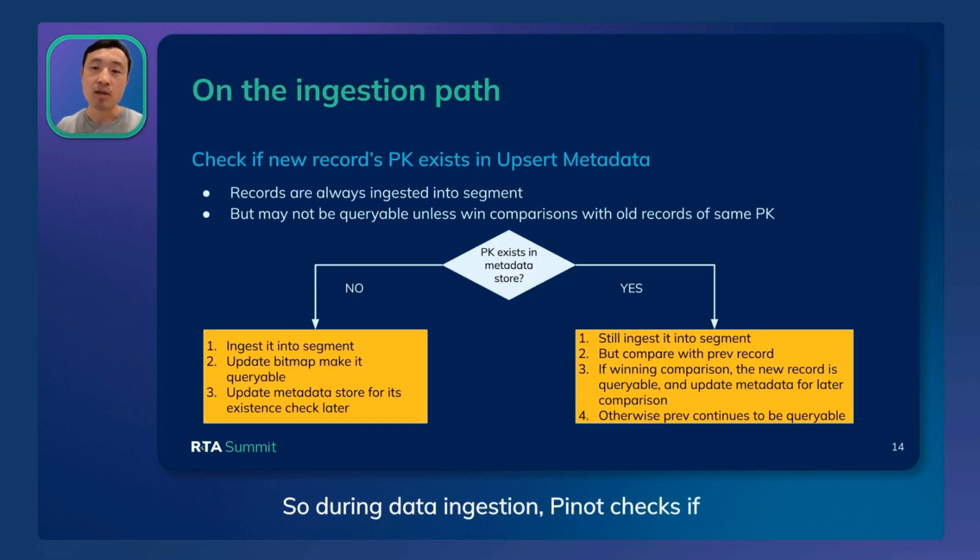So during data ingestion, Pinot checks if the primary key already exists in the Upsert metadata. If it's not there, it just inserts the new record, marks it valid, and also updates the metadata to point to the record location, which is in the consuming segment.